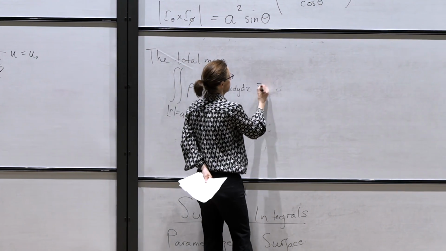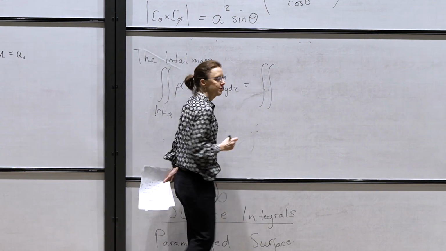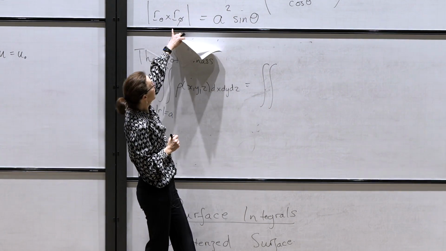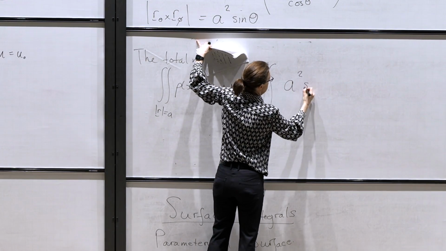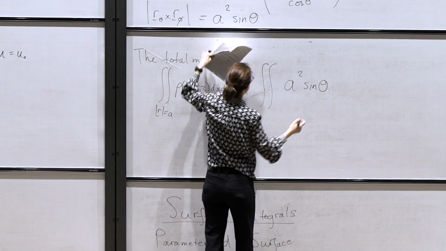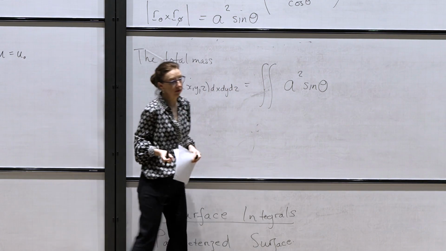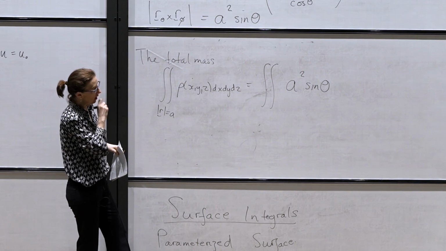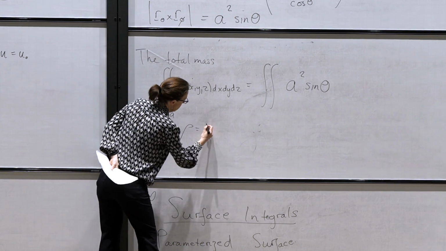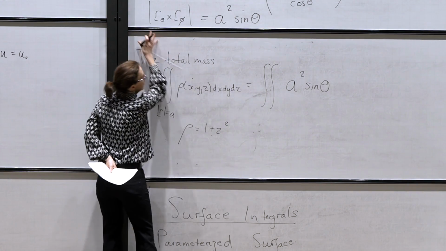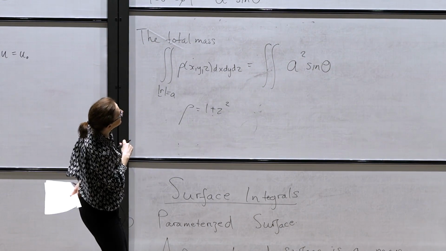And so now we can just say it's the integral over the parameterized surface of the modulus of this, which is a squared sine theta, times the rho, which I'm going to have to write using my new coordinate system, but my rho was just 1 plus z squared, and z is just a cos theta.